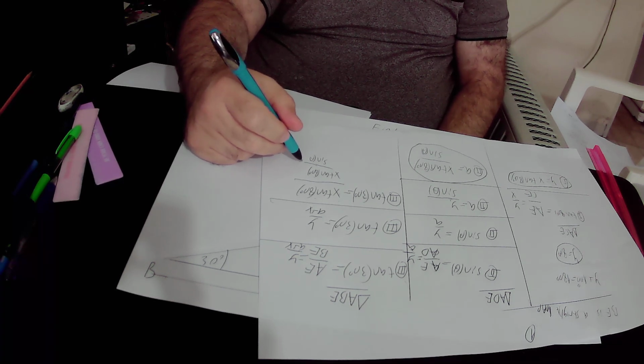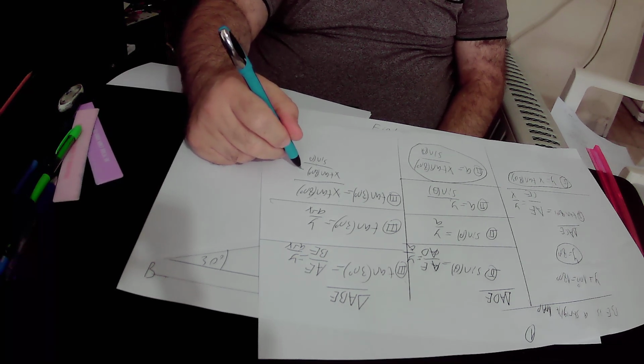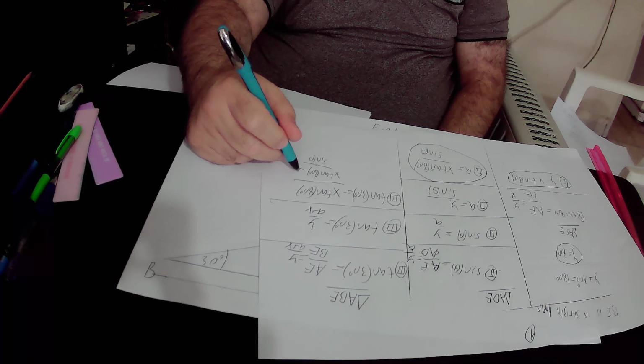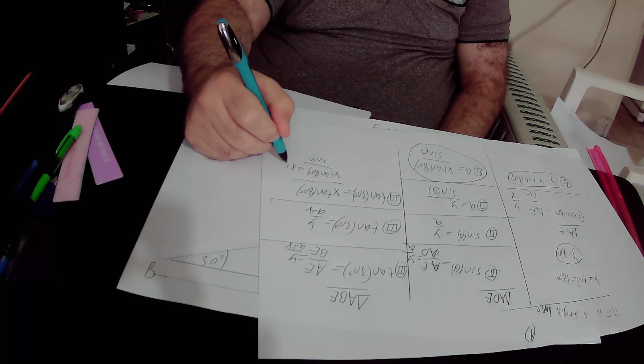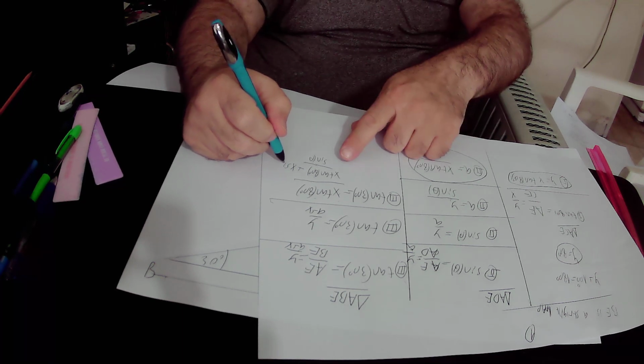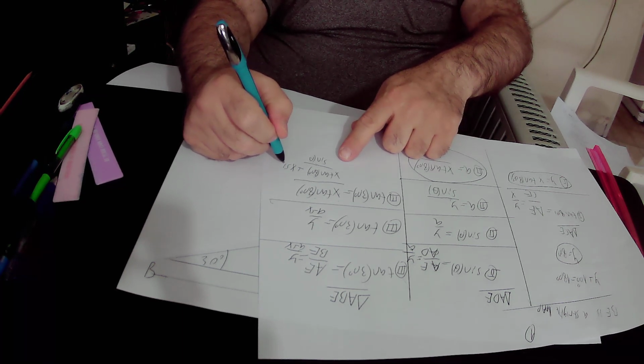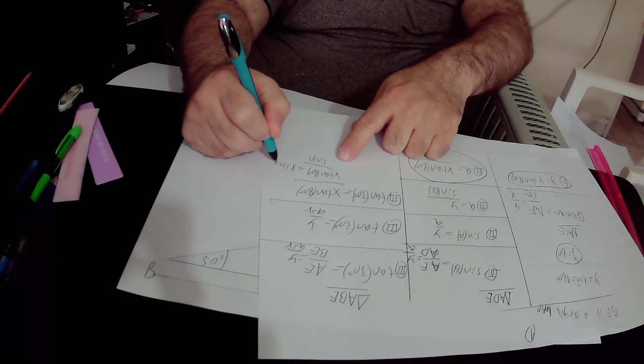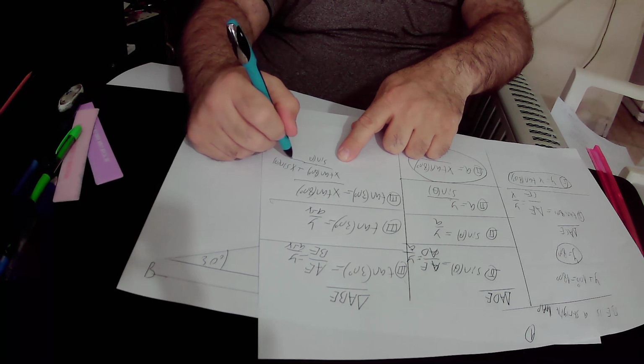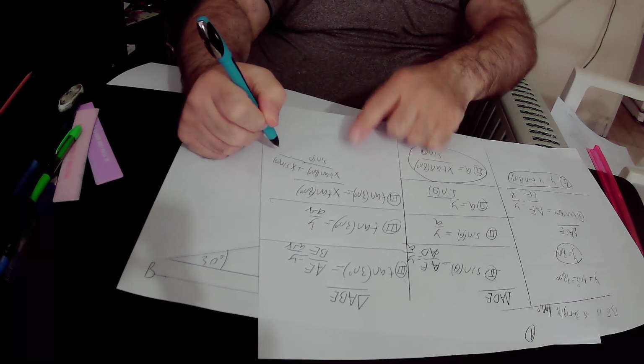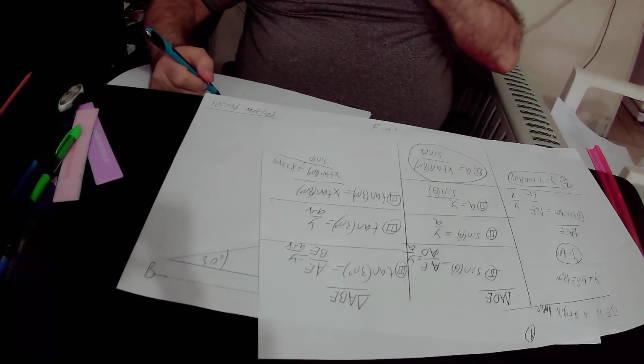Here we will multiply x by sine theta and then divide it by sine theta. In this way we will have a common factor with this expression. So x is actually x times sine theta over sine theta.